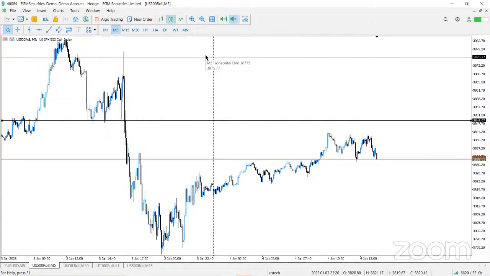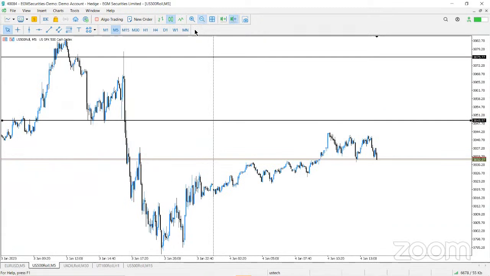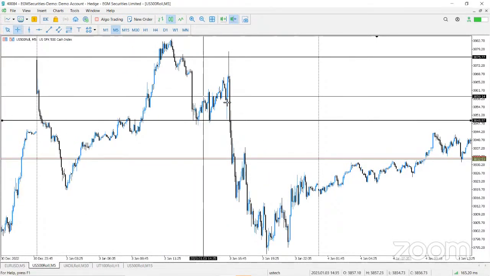So for example, if I was to look at US 500 over here, I know that US 500 is S&P 500, which is majorly traded during the New York session. So that's when I'll be looking for momentum if I'm doing a momentum entry. Again, in this case, if you had waited until around 4:30, that's when the New York session is.